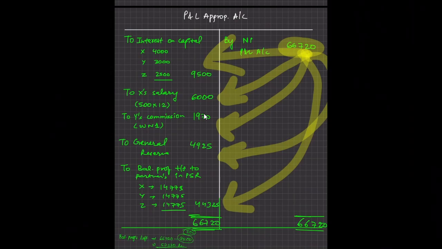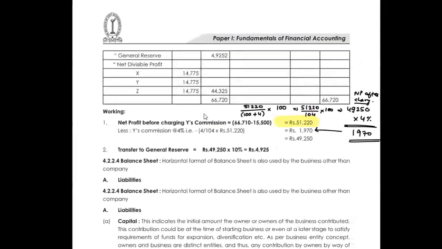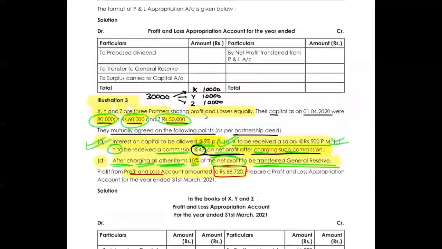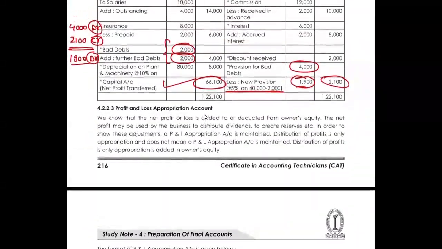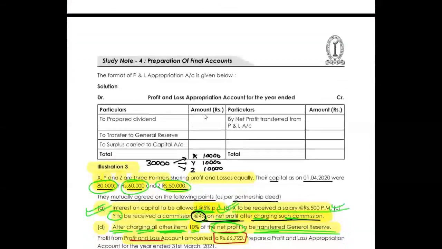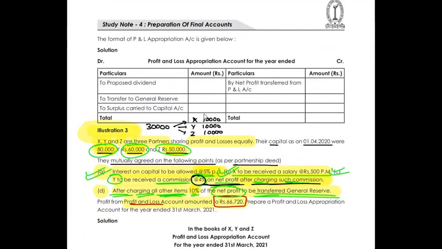This is the appropriation of the profit which has been done by this P&L appropriation account. Am I clear, everyone? So this is the illustration number 3 which we have just completed.